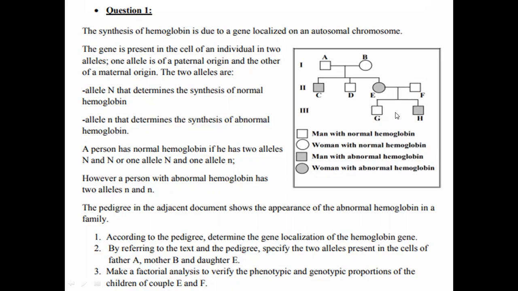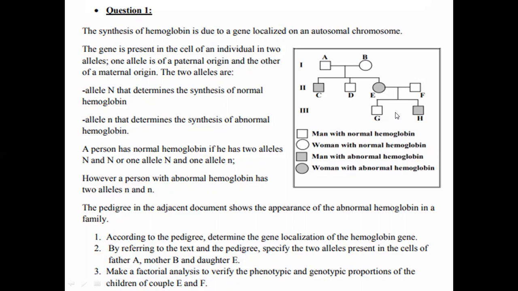The two alleles are allele N capital that determines the synthesis of normal hemoglobin, and allele N small that determines the synthesis of abnormal hemoglobin. Here they use N capital for the normal hemoglobin and N small for the abnormal hemoglobin.